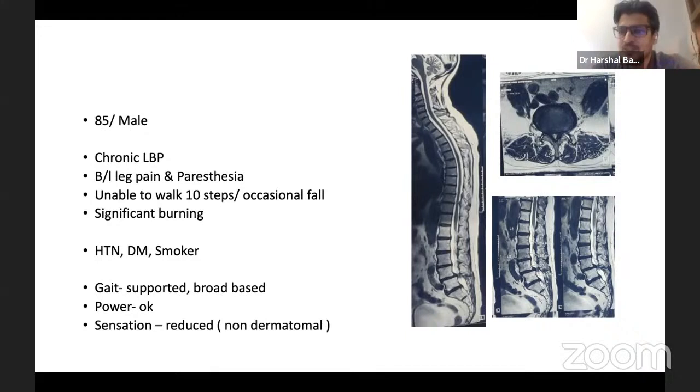If my clinical examination is very specific that only the L5-S1 dermatomes are affected, then I would do only that amount of interlaminar minimally invasive decompression. But my determinants are so many: age, comorbidities, kind of weight. Weight is also a comorbidity, instability, and all those things. And then I will take a decision.